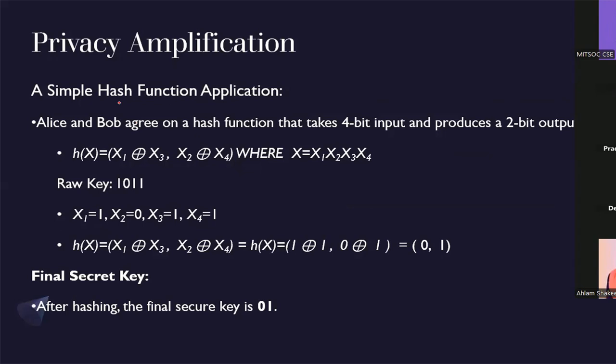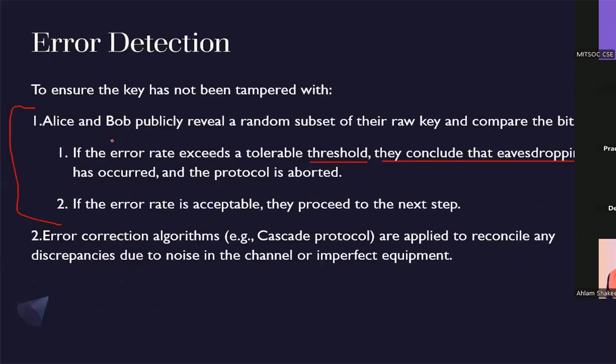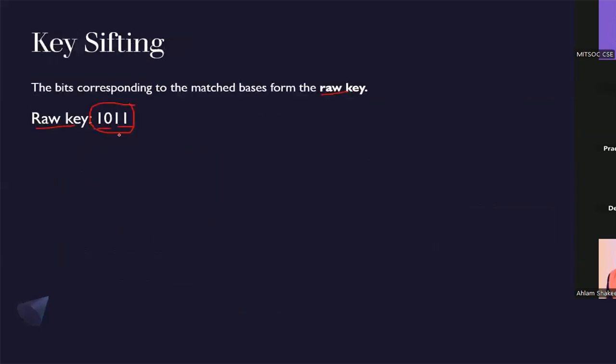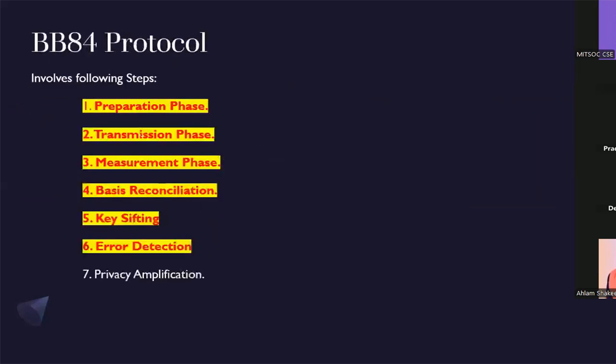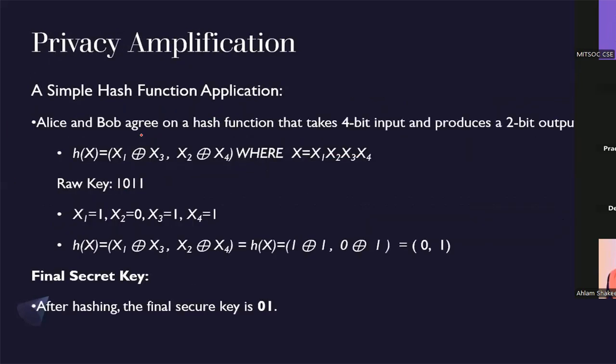Here is just an example of a simple hash function. In the last example, we got the raw key as 1 0 1 1. Here we apply a simple hash function, which the sender and receiver have agreed upon. This hash function takes a 4-bit input and produces a 2-bit output.